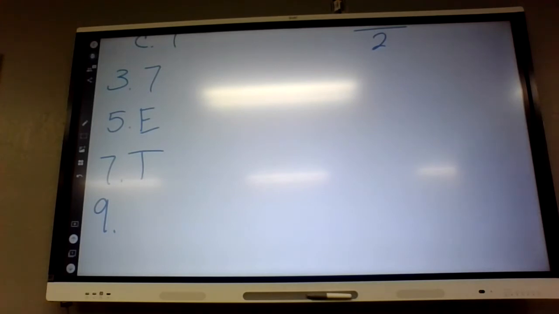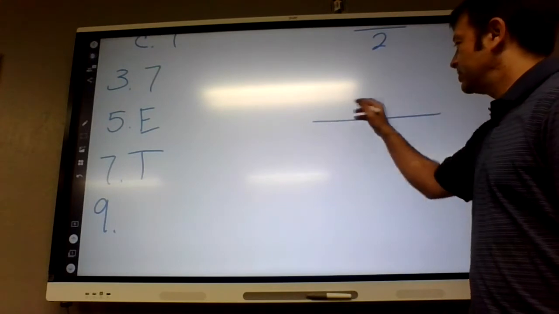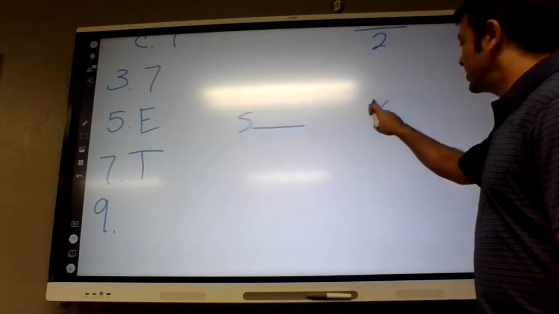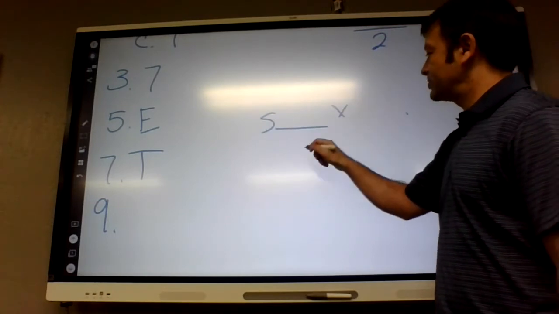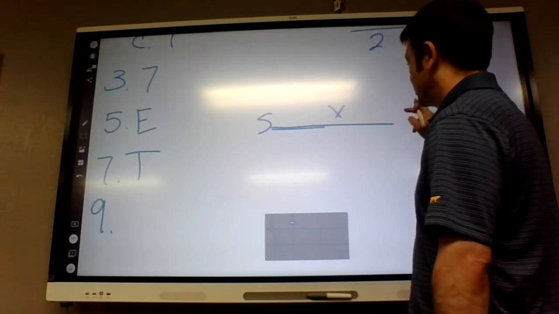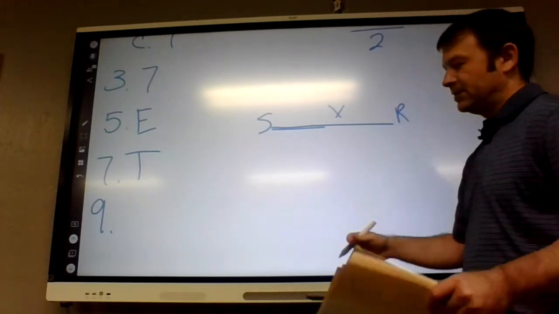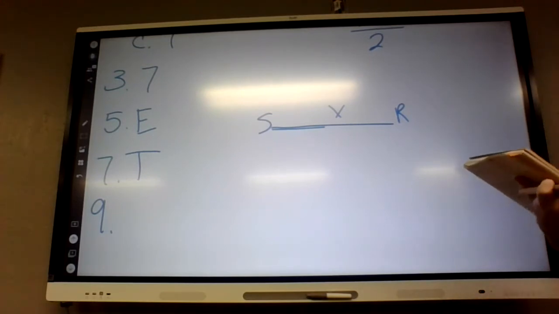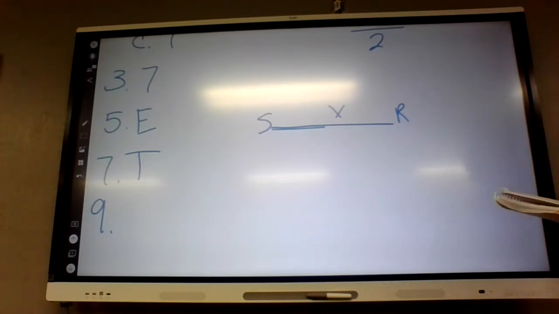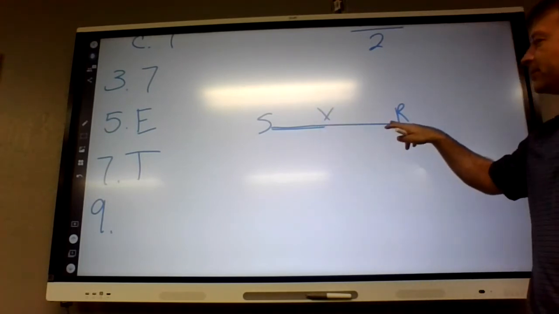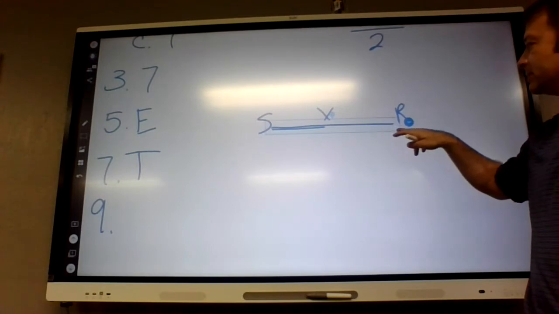Number 9, if SX equals 1/2 SR. I'll draw a picture. SX, oh, I made that too long. If SX is 1/2 SR, well, this is kind of a trick question, I just realized. Then X is the midpoint of SR. True or false? True. Okay, here's the problem. Does XR or SR have to look like that?